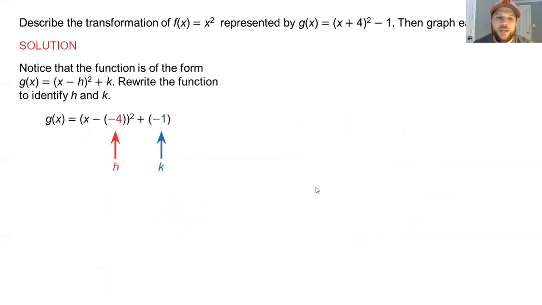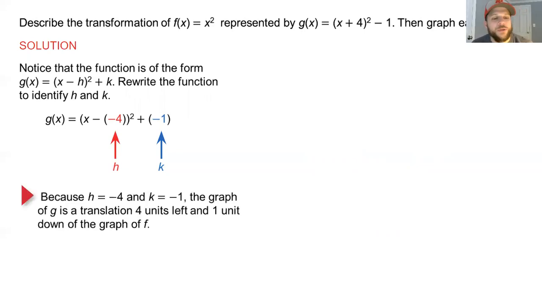So remember, h and k help indicate where you're shifting the graph. So that h is going to be a minus 4 because it always needs to be minus on the inside. And your k is going to be a -1, and that's exactly the way you see it. So this graph is being shifted to the left 4, and it is going down 1.